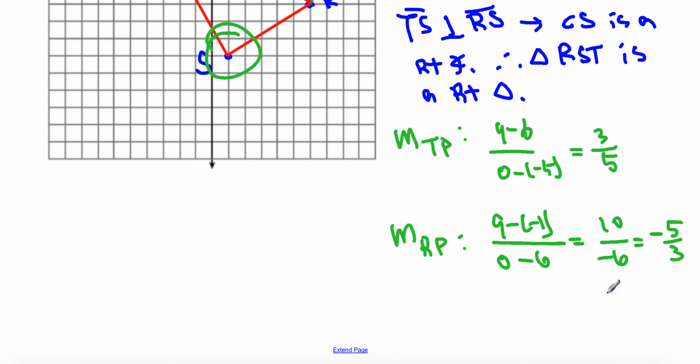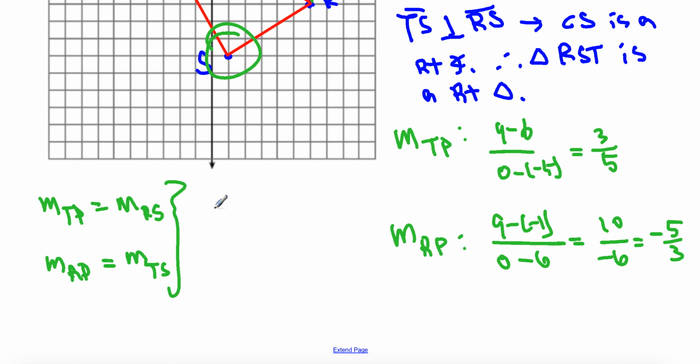And so here it goes. Since the slope of TP is equal to the slope of RS, and the slope of RP is equal to the slope of TS, this shows that opposite sides are parallel.